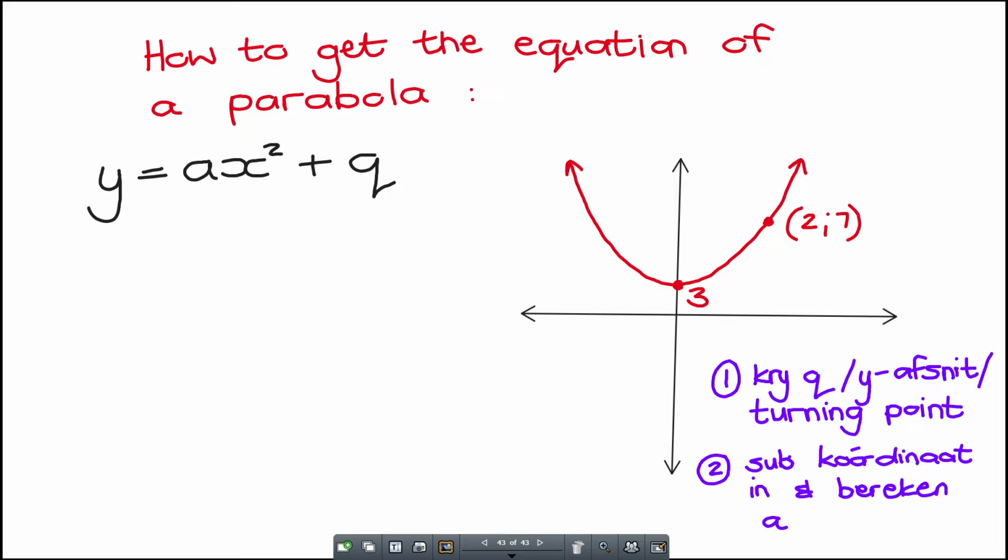Right, so let's start with step 1. y is gelyk aan ax kwadraat plus q. Right, so what would be the value of q? 3.